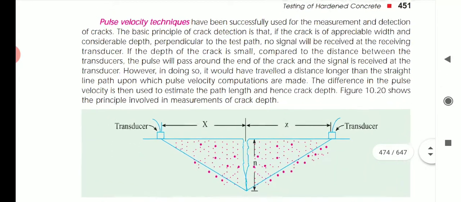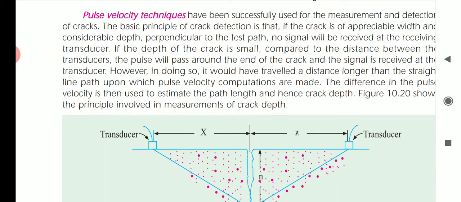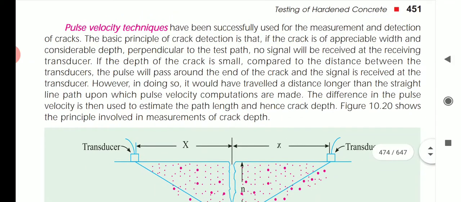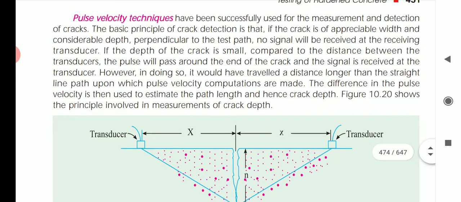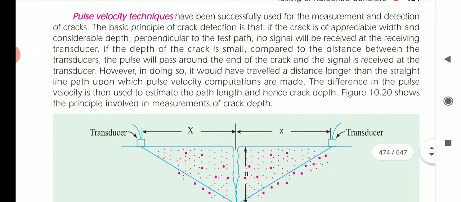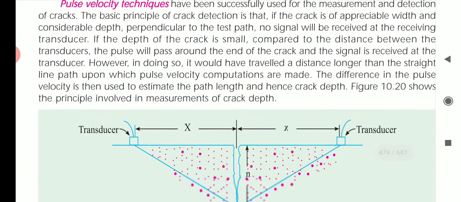This pulse velocity technique has also been used successfully for the measurement and detection of cracks. The basic principle of crack detection is that if the crack is of appreciable width and considerable depth perpendicular to the test path, no signals will be received at the receiving transducer.